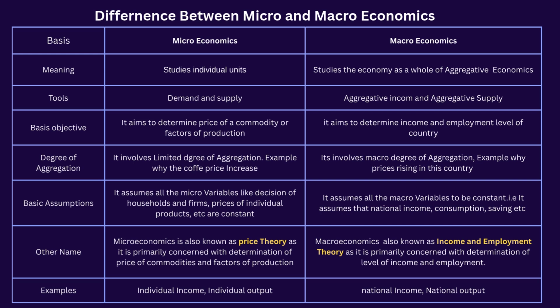Let's see the difference between microeconomics and macroeconomics. Microeconomics studies the individual unit, and macroeconomics studies the whole aggregate, aggregate income and aggregate economy. Here the tools are demand and supply; there, aggregate demand and aggregate supply. The basic objective of microeconomics is to determine the price of a commodity or of factors of production.